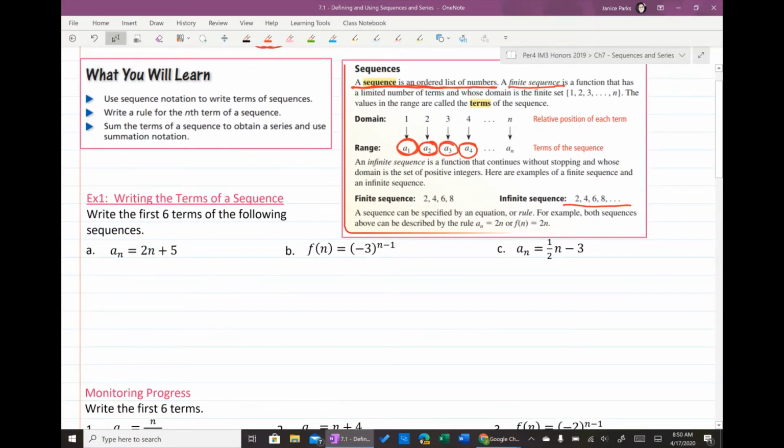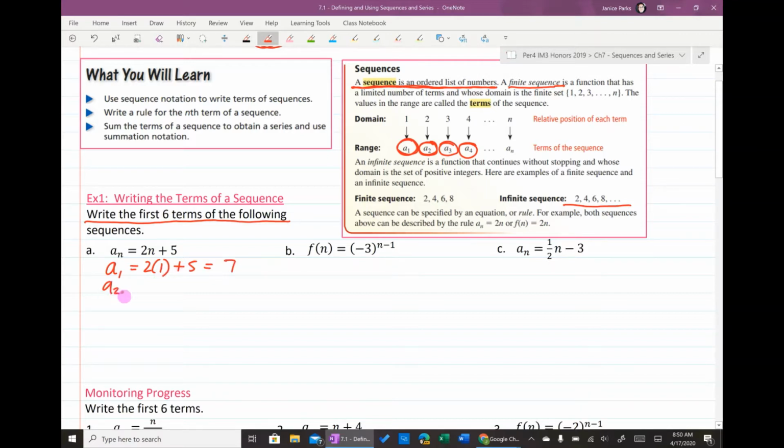So there's different ways of writing this. For this one, if they want us to list the first 6 terms, they give us an actual equation or a function for a_n. That would mean that the first term would be 2 times 1 plus 5, so 2 plus 5.